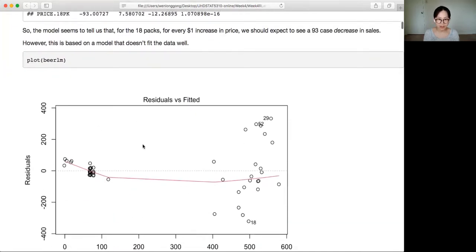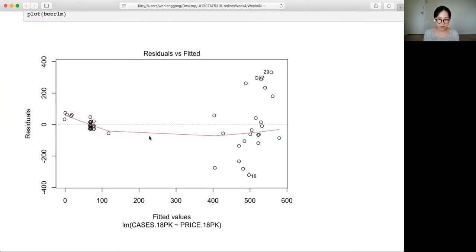It can be verified by looking at the diagnostic plots. This residual plot looks okay, but pay attention to the variance. For this area, the variance is much smaller, right? They did not spread at all, almost concentrated in this small area. But for this area, it's much more spread out.